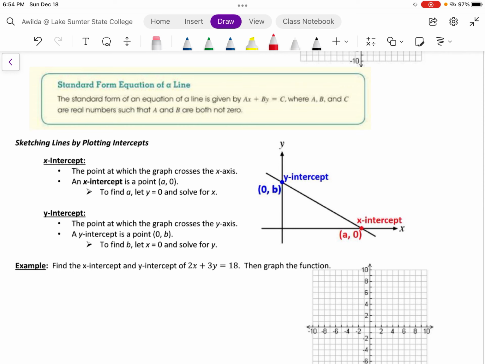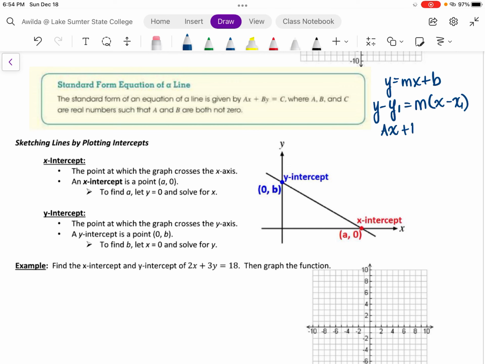Let's take a look at a third way for writing the equation of a line known as standard form. So we've already seen slope-intercept form, and we've seen point-slope form. Now we have standard form.